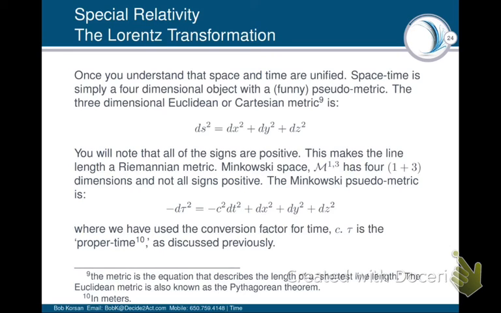And in three-dimensional Euclidean or Cartesian metric, that is usually just the length: dx squared plus dy squared plus dz squared. The dx's mean there's a difference between these, and we can actually put them into x's simply by making the differences relative to the origin, and then you have no problems.